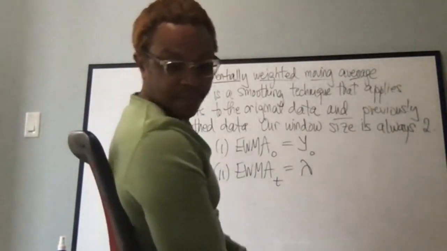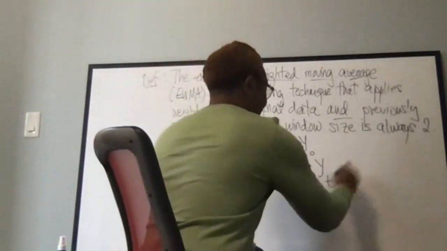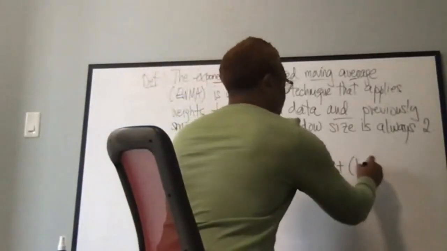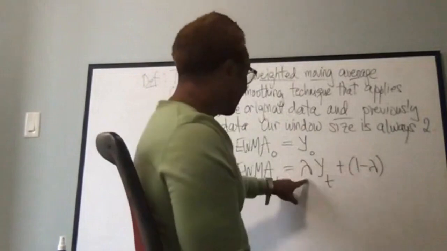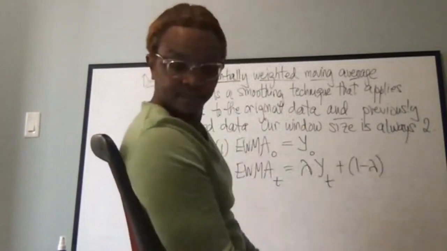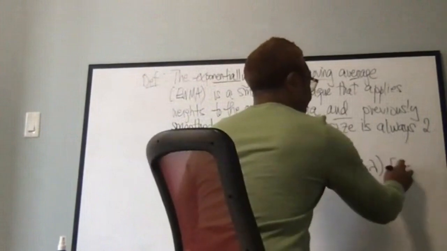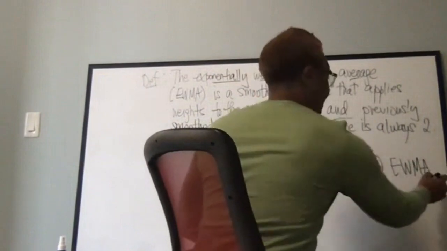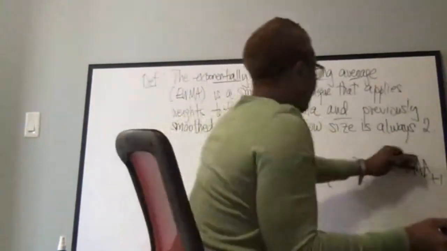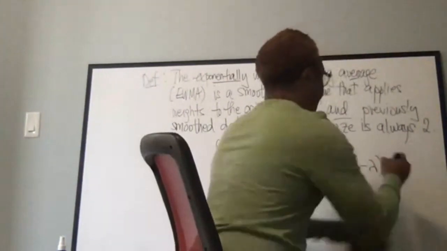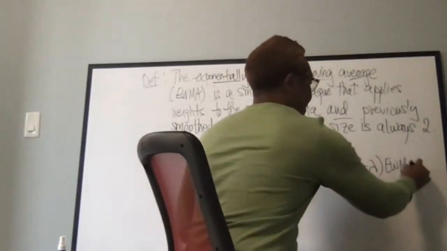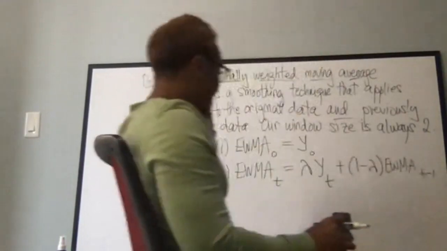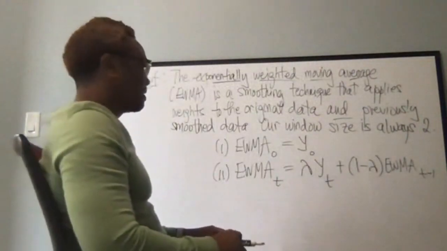So it's lambda times y sub t, plus 1 minus lambda, times EWMA with the subscript t minus 1. We're going to talk about this in just a second.